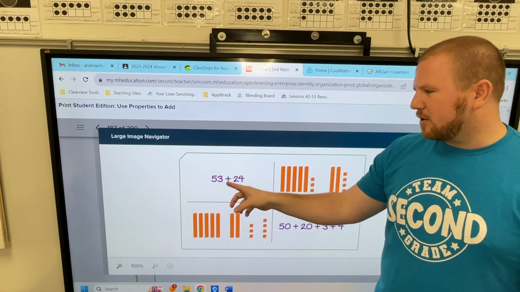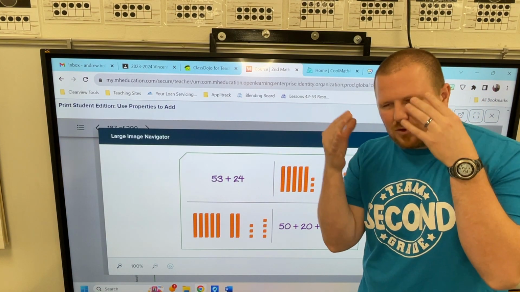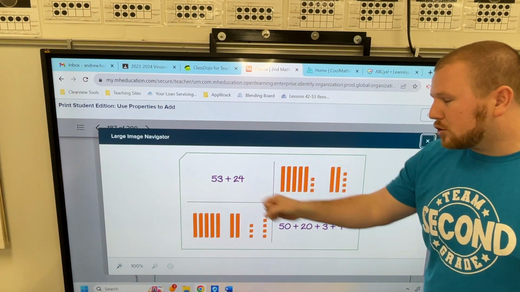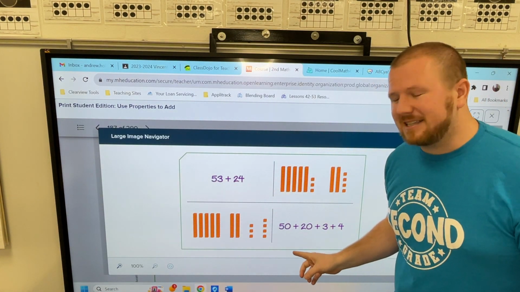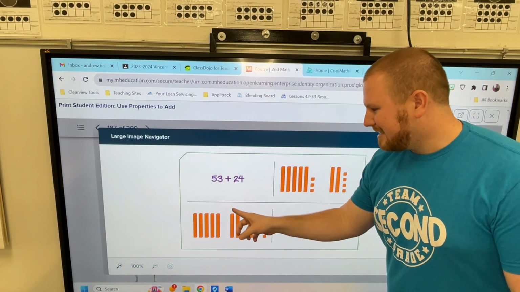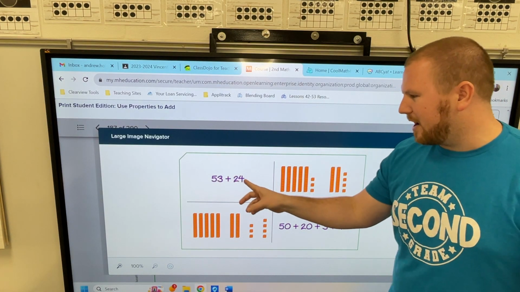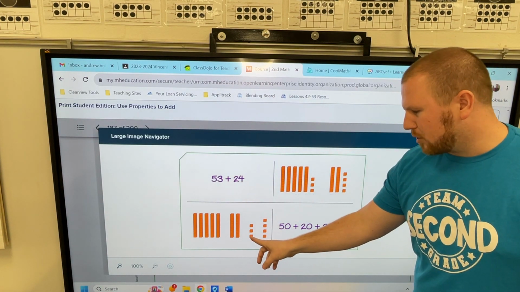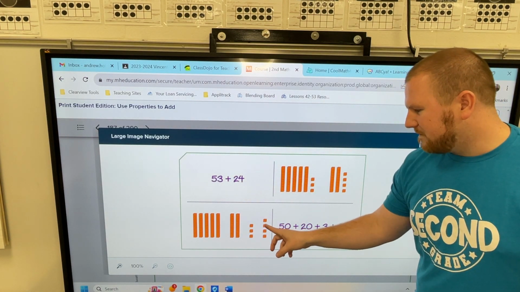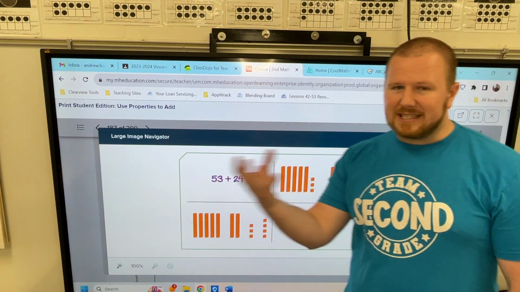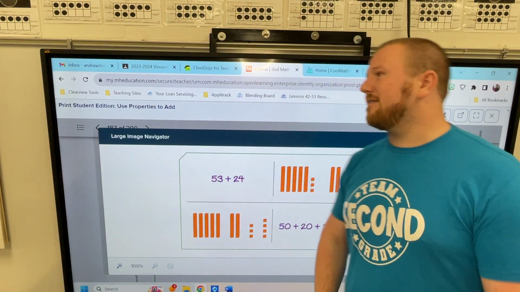So instead of doing 53 plus 24 and going, I'm not really sure, you could do 50 plus 20, which if we skip count by tens, we go 50, 60, 70. So we know there's 70. And if we add 3 and 4, we start from 3 and add 4 more: 3, 4, 5, 6, 7. So if we put 70 and 7 together, that makes 74.